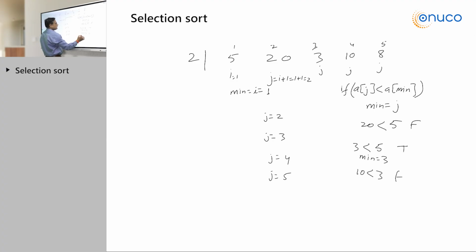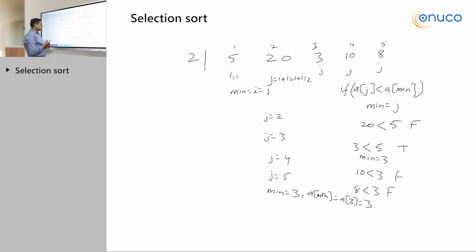And we are going to say, whether 8 is lesser than 3? No, false. So at last we come to know what the min value is. Min is 3 only. And what is a of min? That is a of 3, which is 3. So we got a of 3 as the final min value.